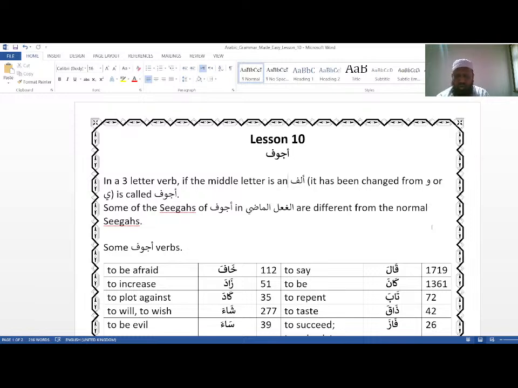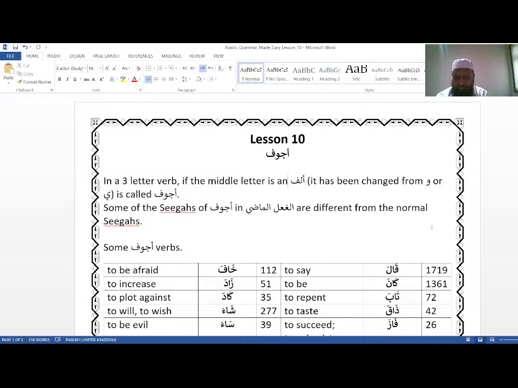The famous one, qala. Here we see the middle letter alif. So this alif has been changed; either it was waw or it was ya. At the moment, we're not concerned about that, as long as we see the middle letter alif. In the Quran, it comes 1,719 times.